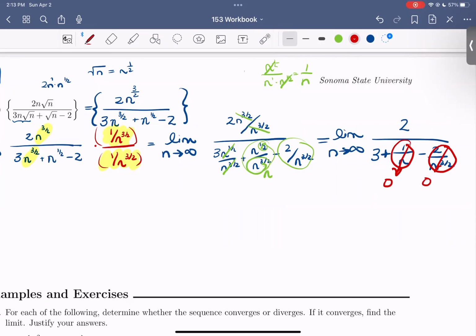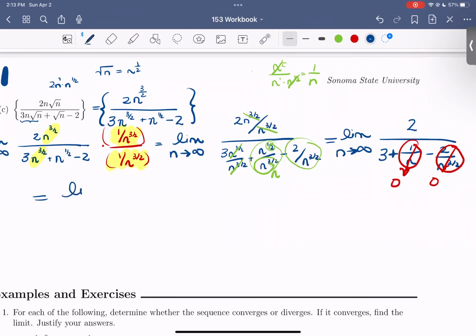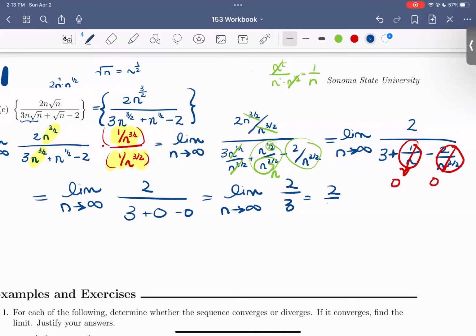So what that means is that this limit just becomes the limit as n goes to infinity of 2 over 3 plus 0 minus 0, which is just 2 over 3.